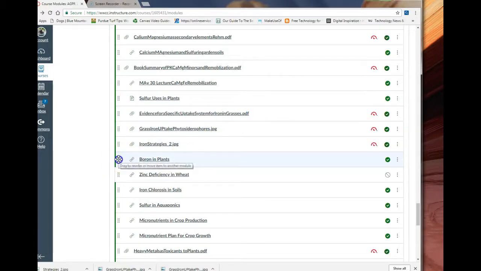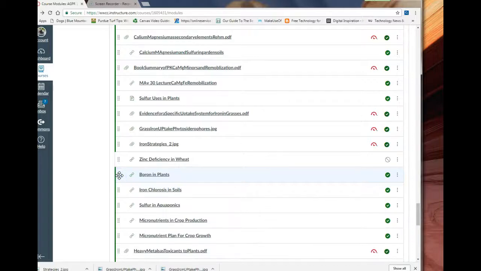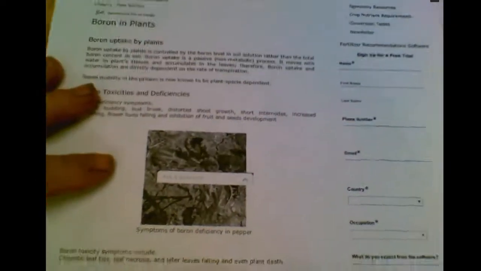So we'll put boron down there too. So there are actually 5 video clips. So what I am going to do is switch back to the camera and go through our last few documents here on boron, zinc, and chlorine.